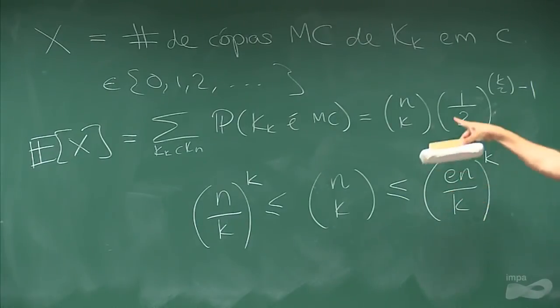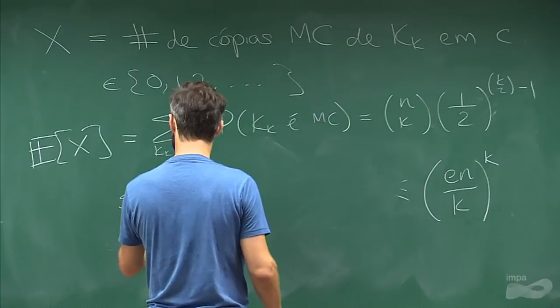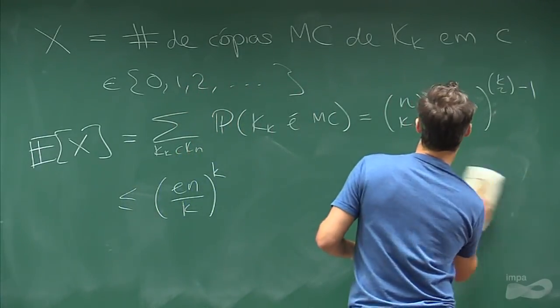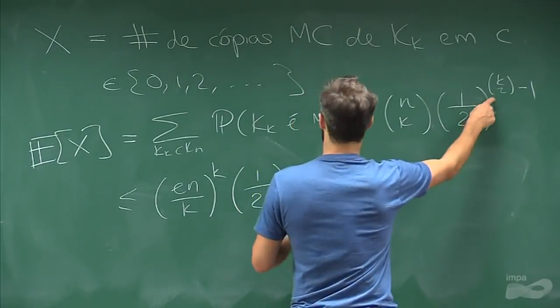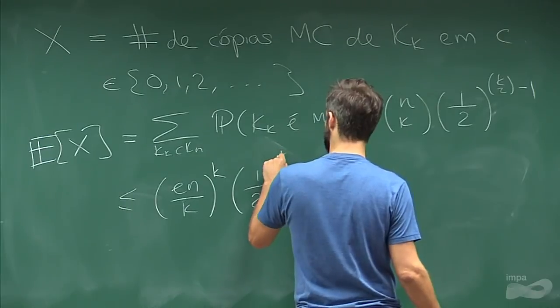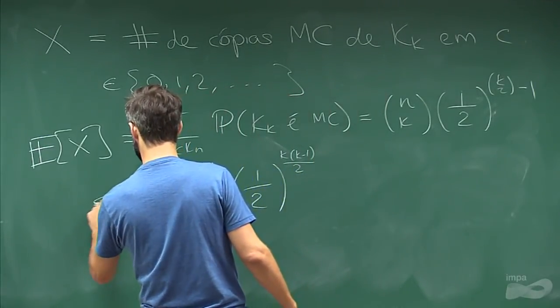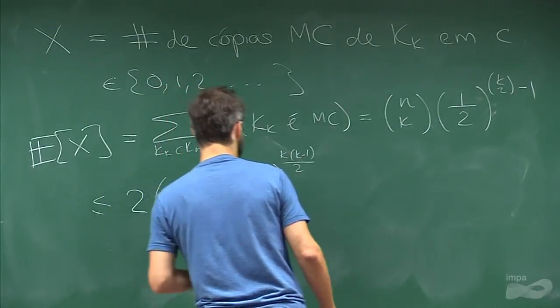So I'm just going to use this bound. N choose k is at most e n over k to the k. And then here we have a half to the k times k minus 1 over 2. Maybe I'll pull this half out the front, there's 2, in fact.